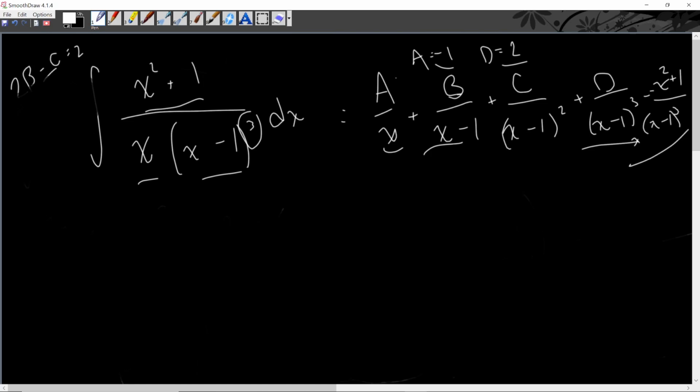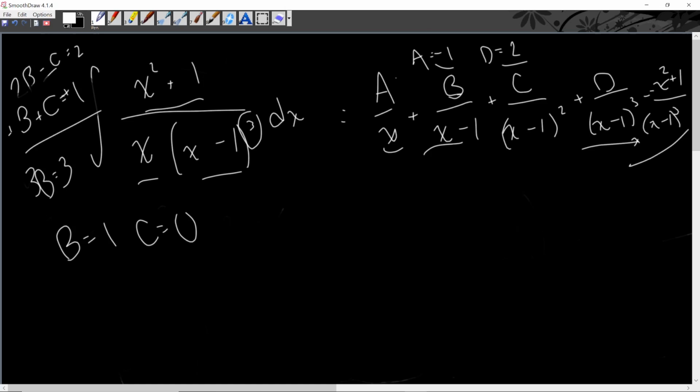And then b plus c is equal to 1, and then when we add, we get 2b plus b minus c plus c, and then 2 plus 1. So we're going to have 3b equals 3, so b equals 1, and then if we have b plus c equals 1, c has to equal 0.